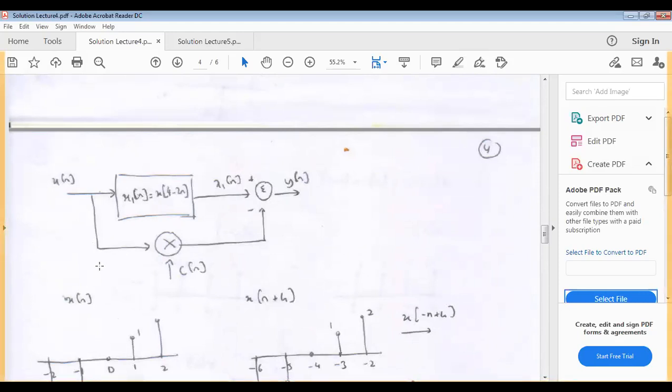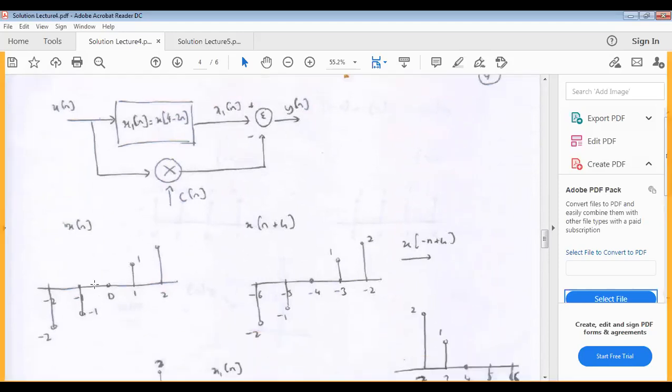So x[n] can be sketched like this: x[n] equals -2 for n equals -2, -1 for n equals -1, 0 for n equals 0, 1 for n equals 1, and 2 for n equals 2. So this is an amplitude of 2.